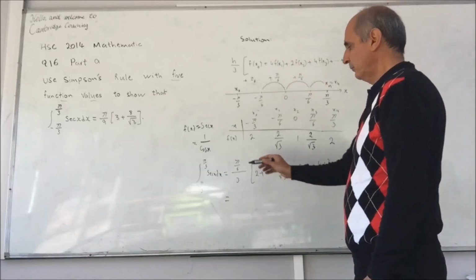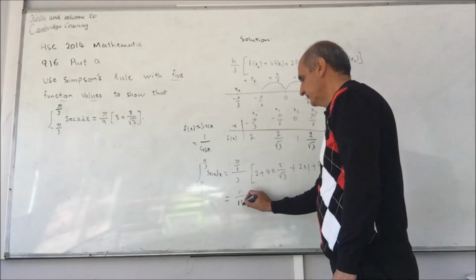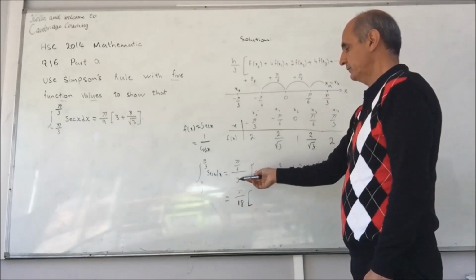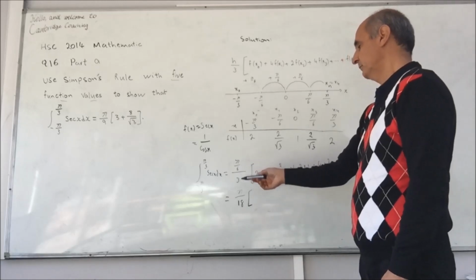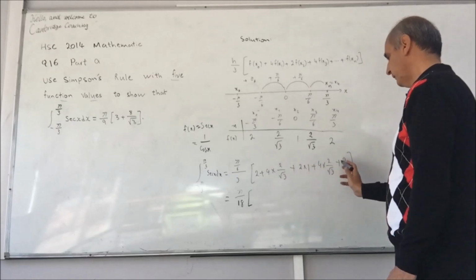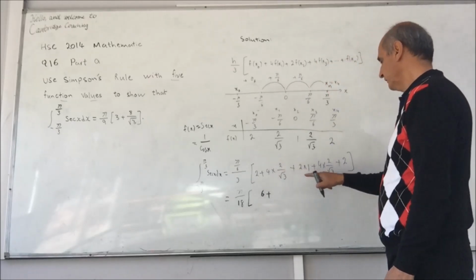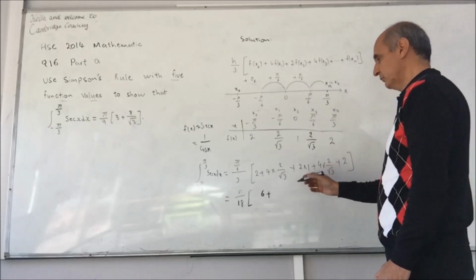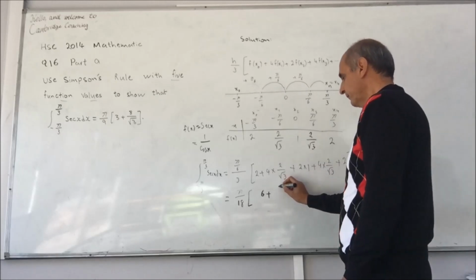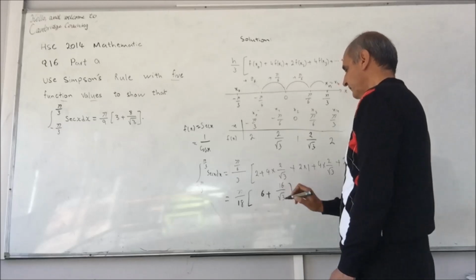So pi on 6 divided by 3 is pi on 18. To divide a fraction by 3, you times the denominator by 3. Now I've got 2 plus 2 plus 2, which is 6. I've got 4 lots of 2 on root 3, another 4 lots of 2 on root 3. Altogether, 8 times 2 on root 3, which becomes 16 on root 3.